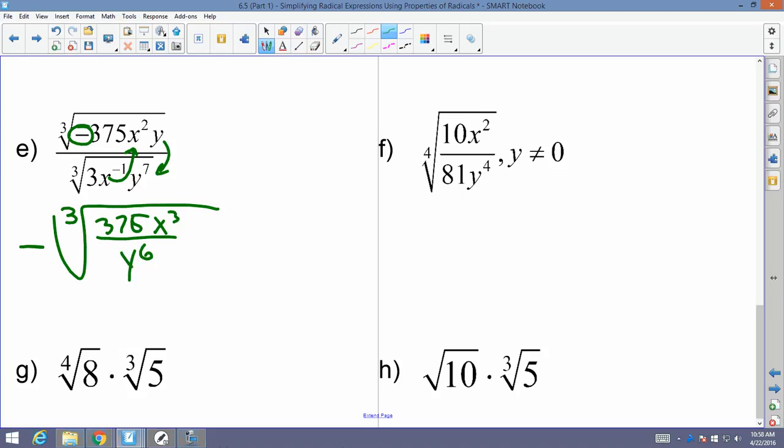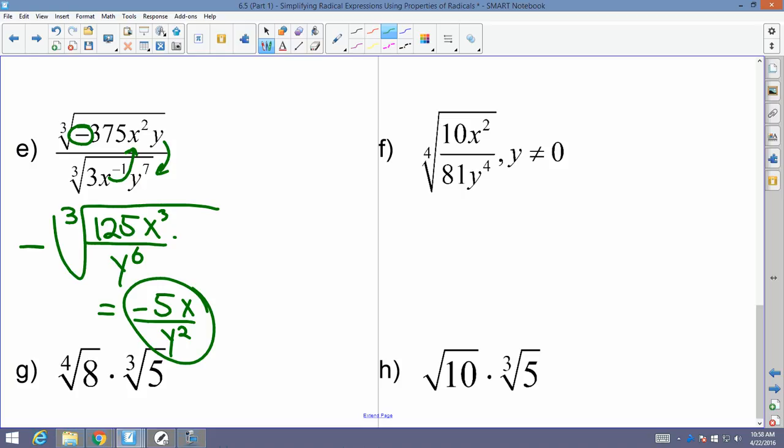And wait, what's 375 divided by 3? It's 125. So this 375 divided by 3 is 125, my bad. x cubed over y to the 6th. Now it's easy. This is a negative 5x over y squared.